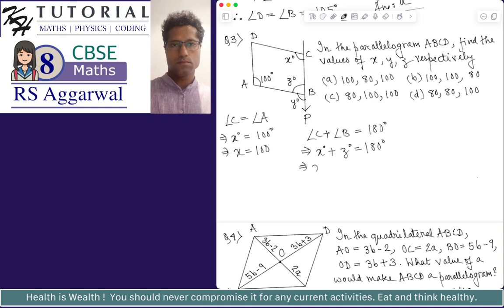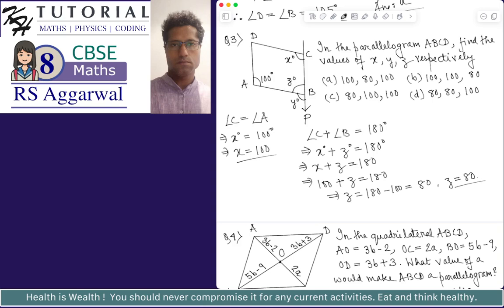This implies x plus z is equal to 180. We already know x is 100, so 100 plus z is 180. This implies z is equal to 180 minus 100, which is 80. So x is 100 and z is 80.